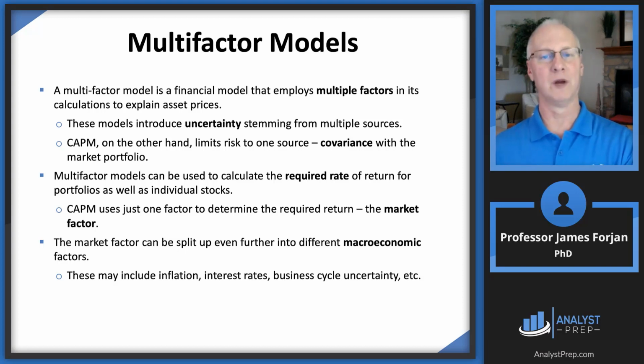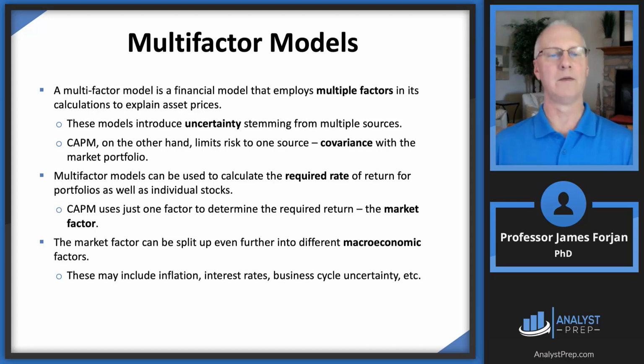CAPM, on the other hand, relies on beta, which, as you should remember, is defined as the covariance between the individual stock and the market portfolio divided by the variance of the market portfolio. So just like with CAPM, we can calculate the expected return on an individual stock. We're going to do the same thing with multi-factor models, but instead of relying on just one factor, we can rely on multiple factors.